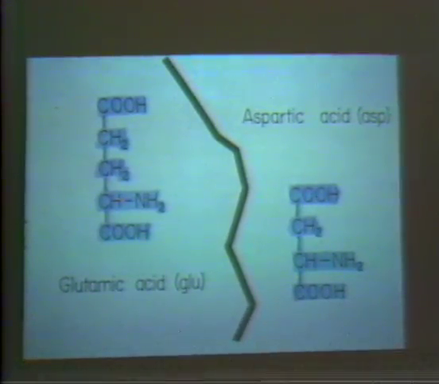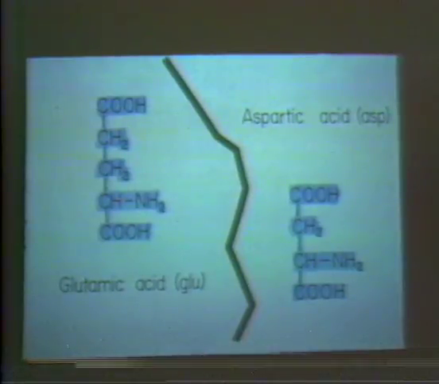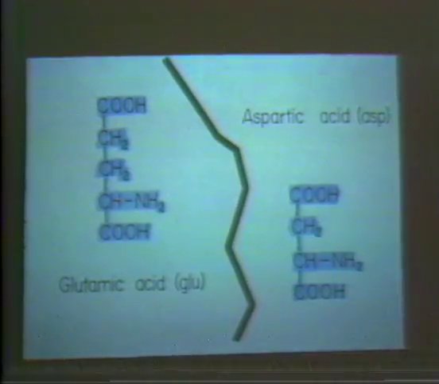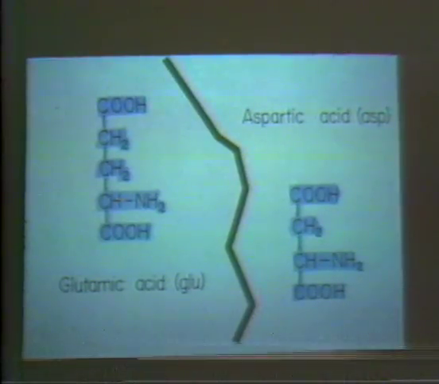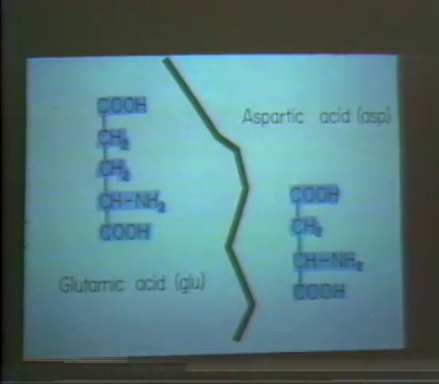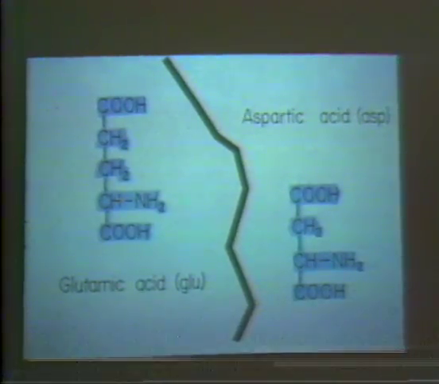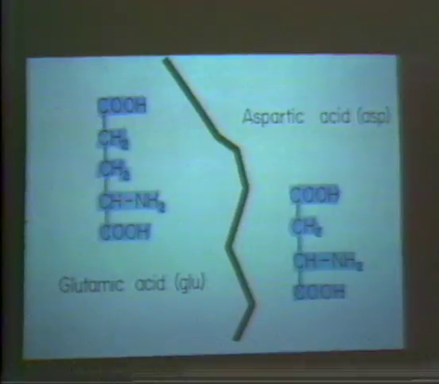Now there are 2 other amino acids which are very closely related to these structures in that these distant carboxyl groups, which are usually not involved in peptide linkage, in the next 2 amino acids are tied up as amides, primary amides. And the next slide will show these structures. These are specifically glutamine and asparagine.